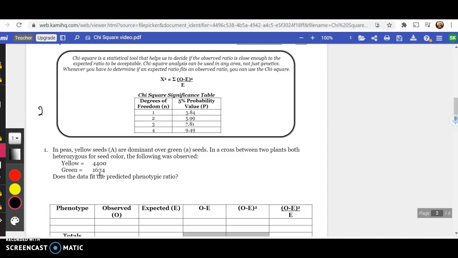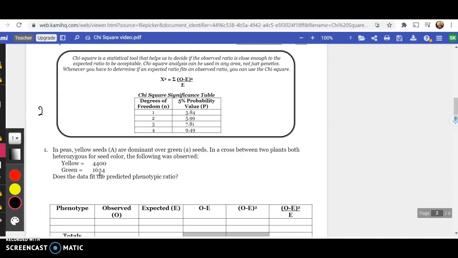Now, chi-square is also a tool for hypothesis testing. So we have two types of hypothesis, the null hypothesis and the alternative hypothesis. For the null hypothesis, if there is no significant difference between the observed and the expected value, then we cannot reject the null hypothesis.